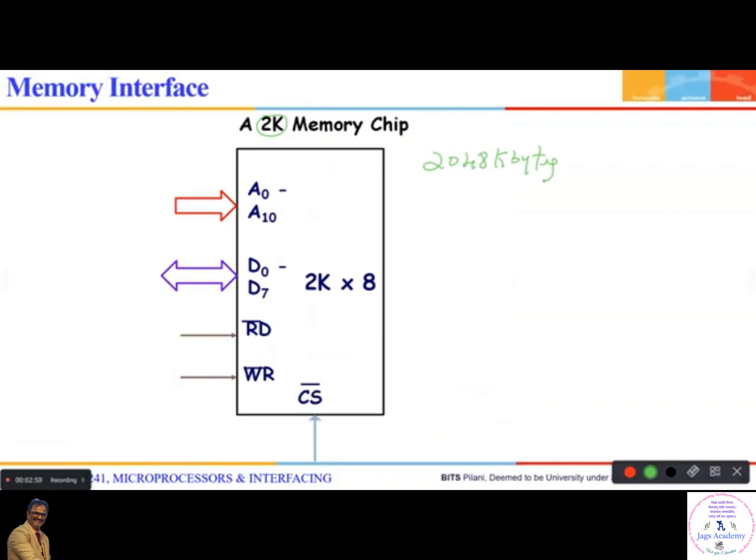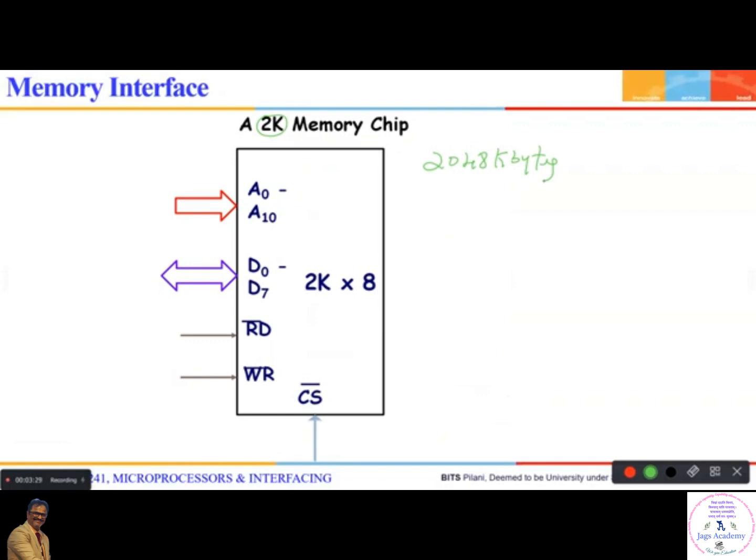You all know that 2 to the power of 20 can address 1 mega locations. How many address lines are required to locate 2048 locations? 11. 2 to the power of 11 is 2048. 2 to the power of 20 is 1 mega.